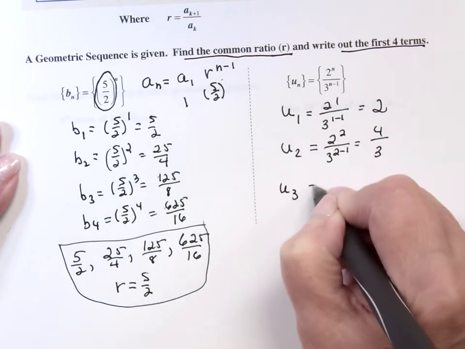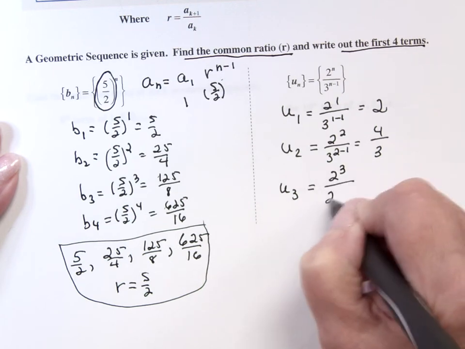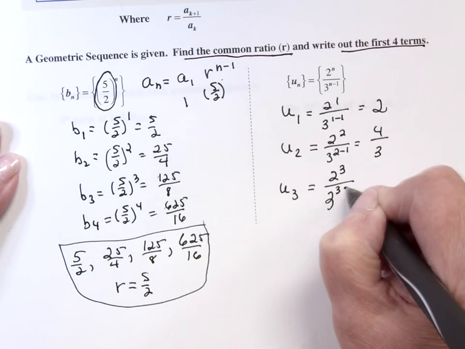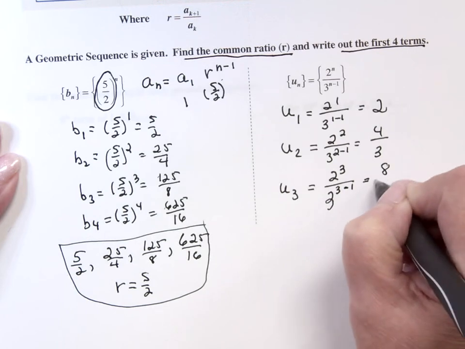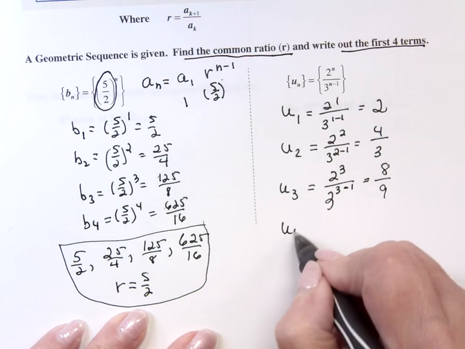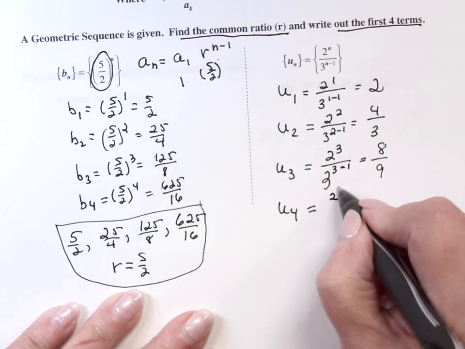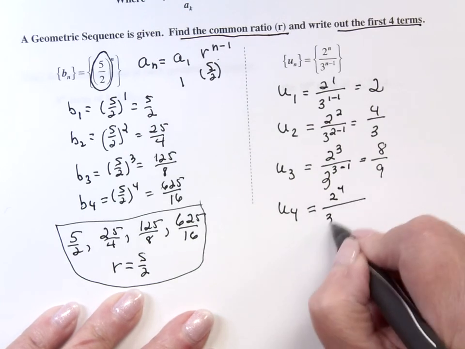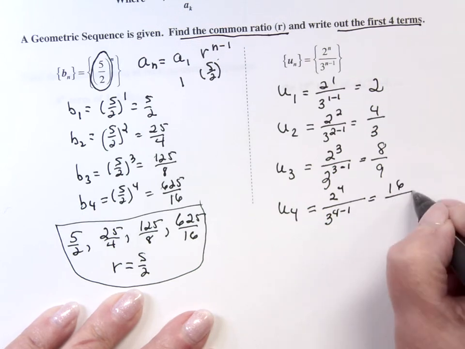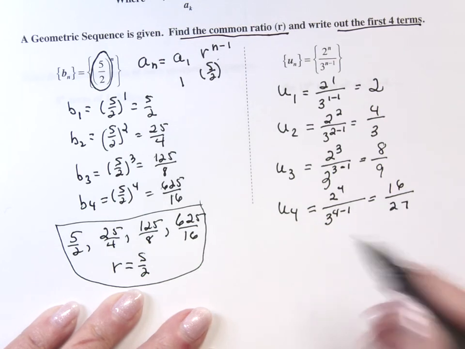U sub 3 is 2 to the 3 over 3 to the 3 minus 1, which is 8 over 9. U sub 4 is 2 to the 4 over 3 to the 4 minus 1, which is 16 over 27.